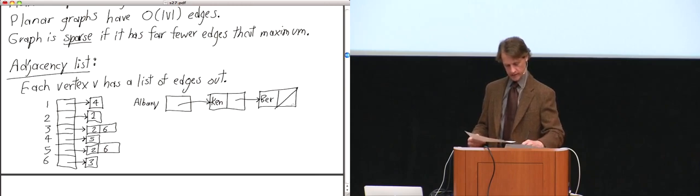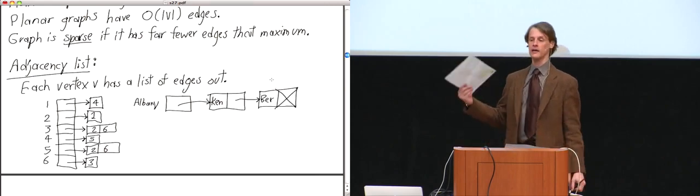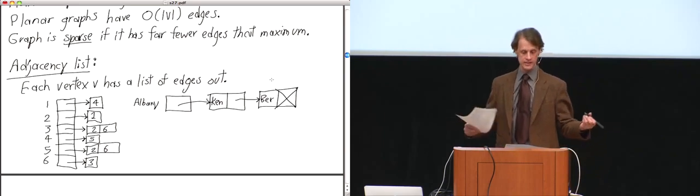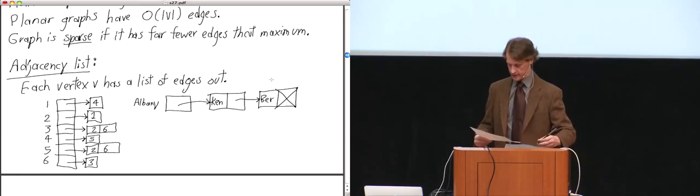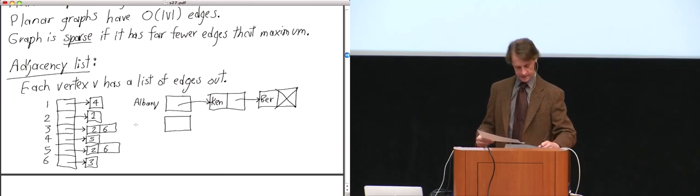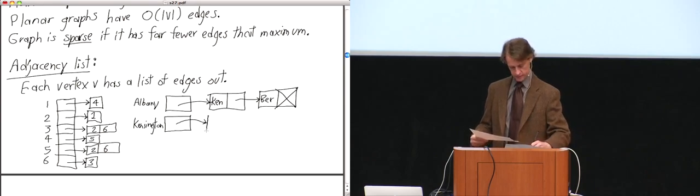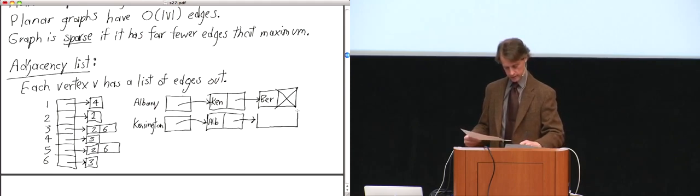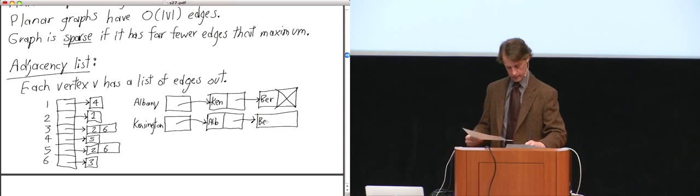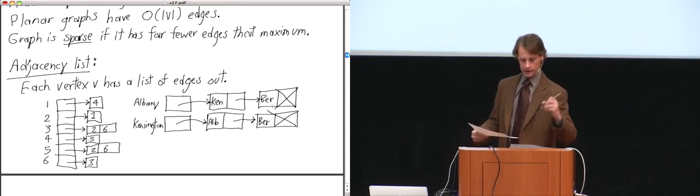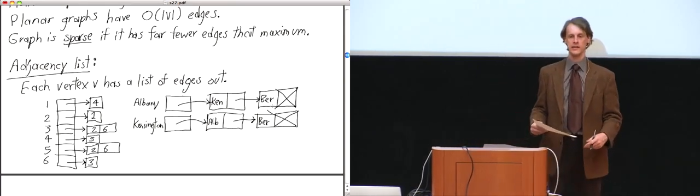So Albany is adjacent to Kensington and Berkeley, so here I'm using a linked list for that, just for variety, and to remind you that you can use any list representation you want. And Kensington has a linked list of neighbors, which include Albany and Berkeley. And so on. I won't do the whole adjacency list.